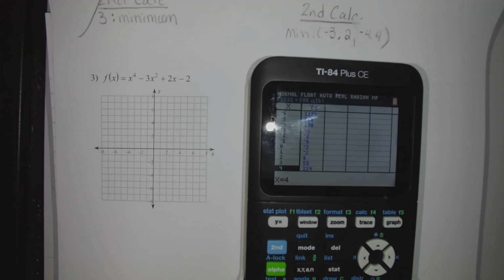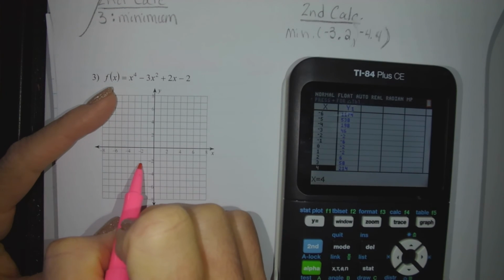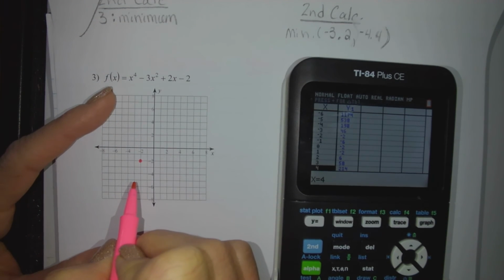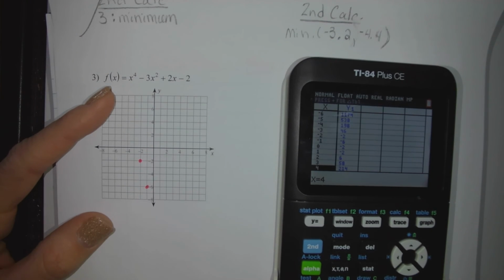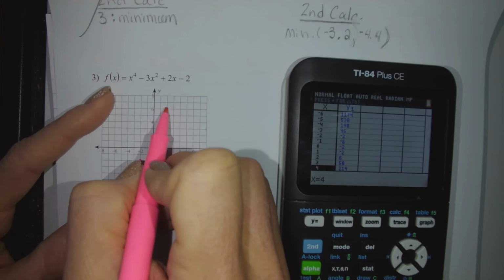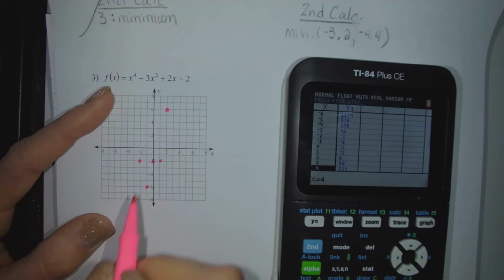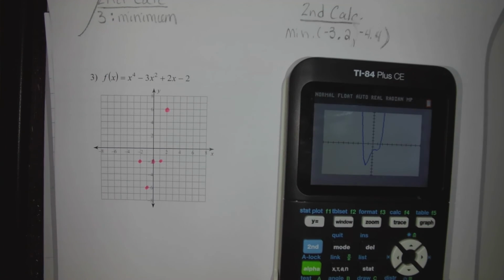All right, so I have -2, -2. -1, -6. 0, -2. 1, -2. 2, 6. Keyword here is sketching. So I'm going to take my pencil.